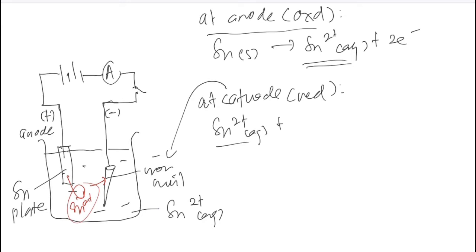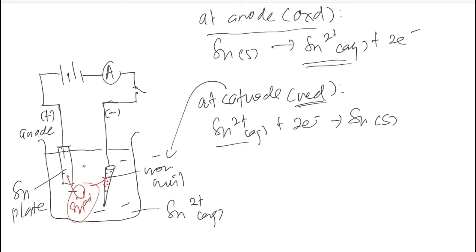So when the tin travels to the iron nail, it will be reduced to become tin solid. So what happened now? This tin solid will begin to deposit on the surface of iron, and this deposition on the surface of the iron nail we call electroplating. So now our iron nail is electroplated with tin.